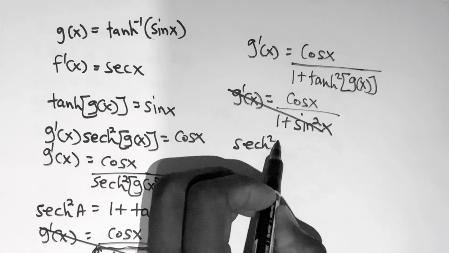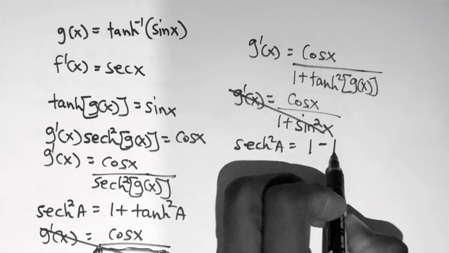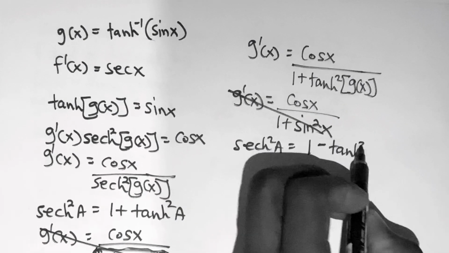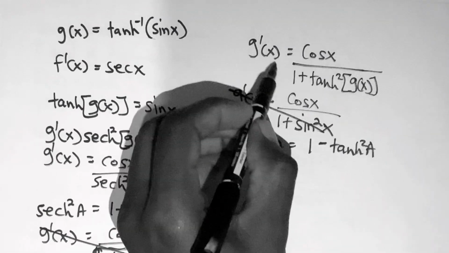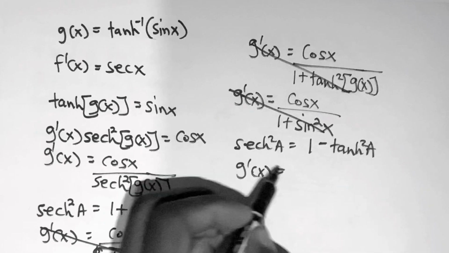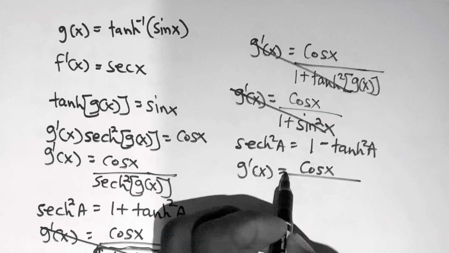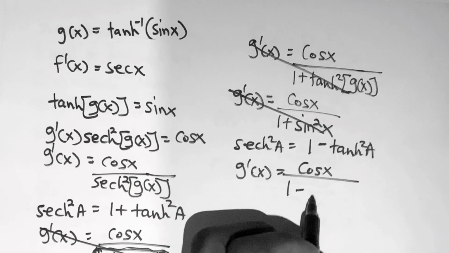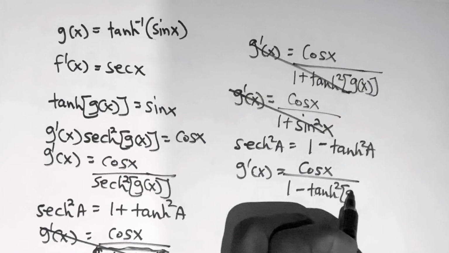Hyperbolic sec squared a is equal to 1 minus hyperbolic tan squared a. So let's notice the difference, and therefore g prime of x is equal to cos x divided by 1 minus hyperbolic tan squared g of x.